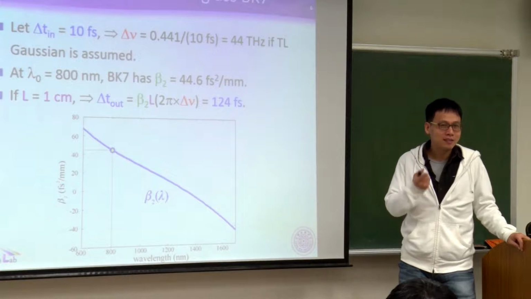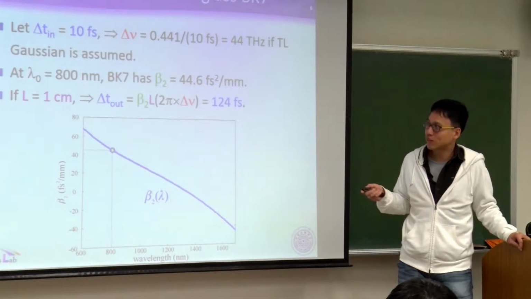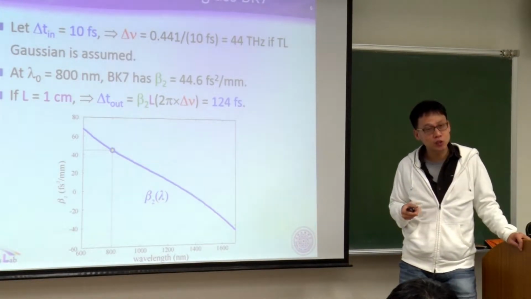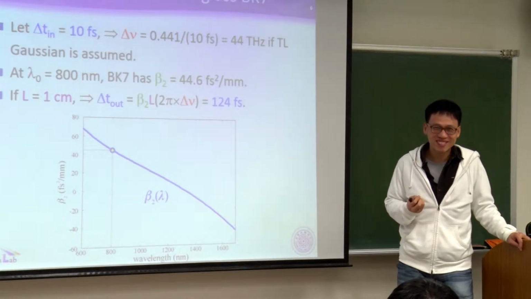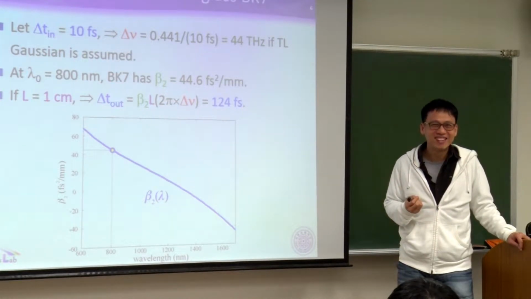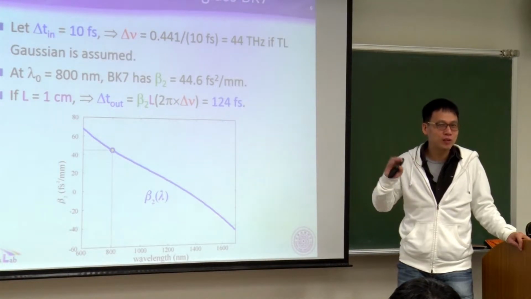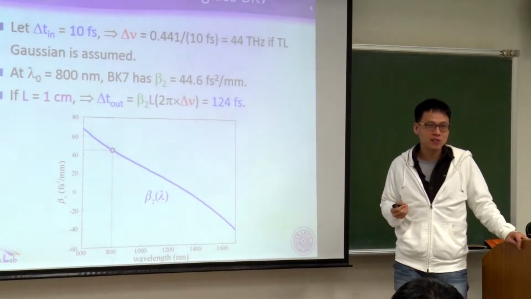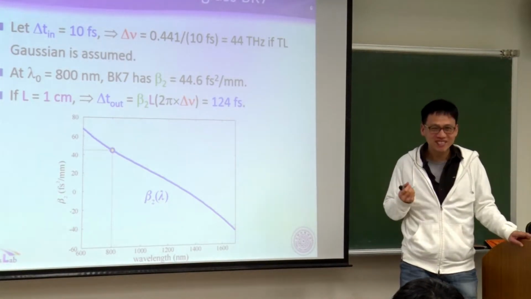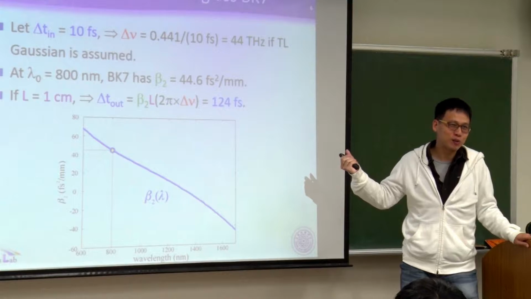Let me ask you, what happens if the thickness is reduced to just 1 millimeter? What is the output pulse width? So I heard 12.4 femtosecond. Okay. If I further reduce the thickness to 0.1 millimeter, what is the output pulse width?